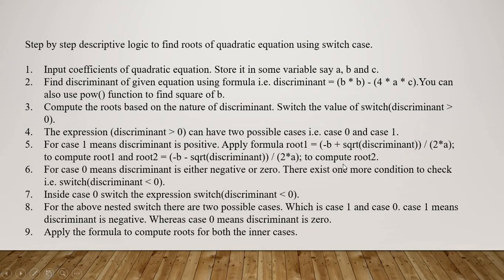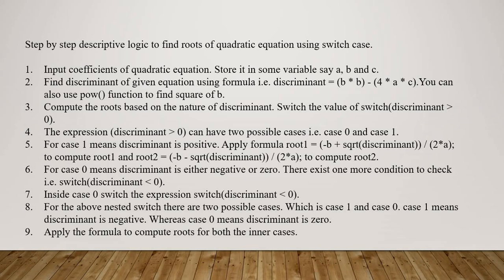So it will compute root 2. But let's assume it is either 0 or negative, that is case 0. So there exists one more condition to check, that is, switch on whether the discriminant is less than 0.